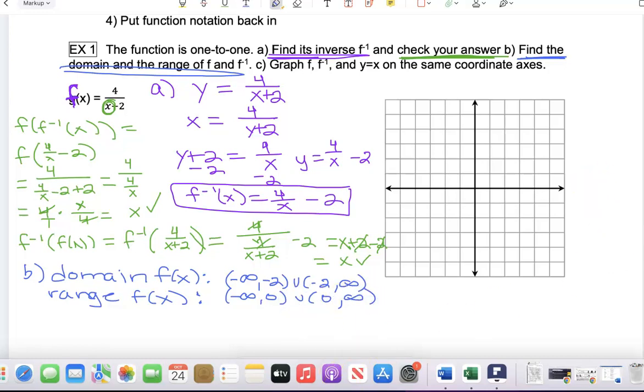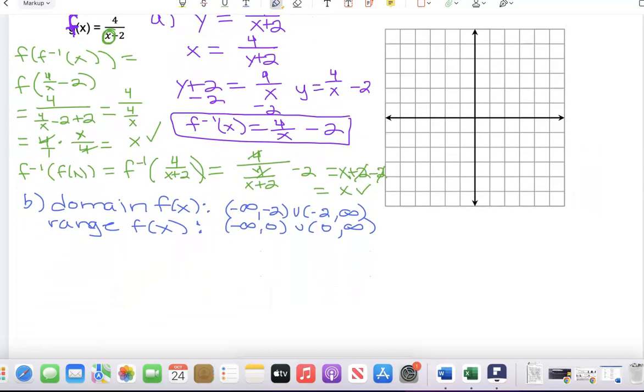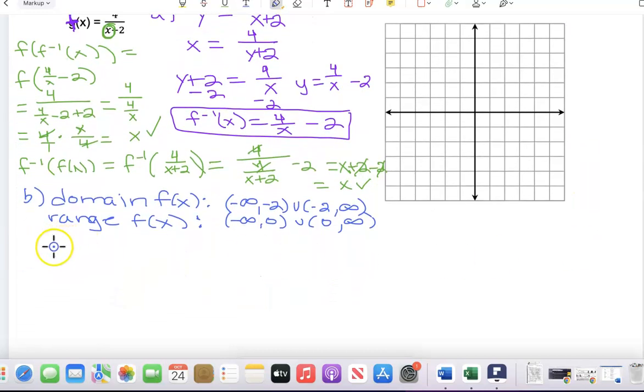Now, if you don't remember the horizontal asymptote rules as well, you could go ahead and go to the domain of f inverse instead. So domain of f inverse, if I look at f inverse itself, right here, x cannot be 0. So it means anything but.